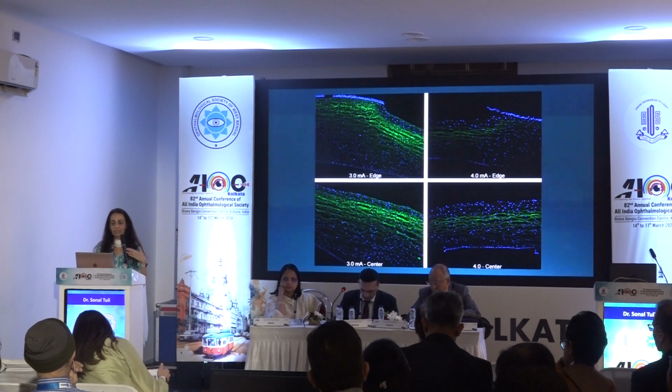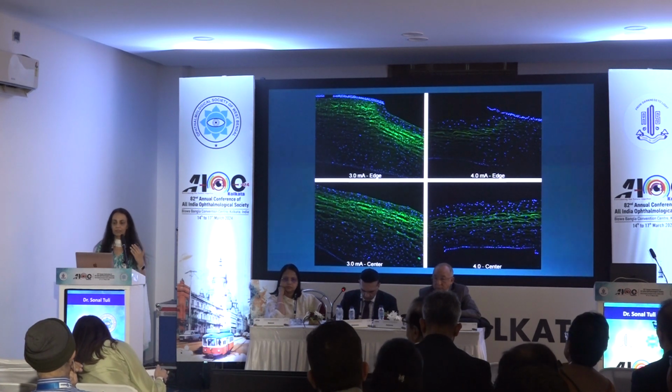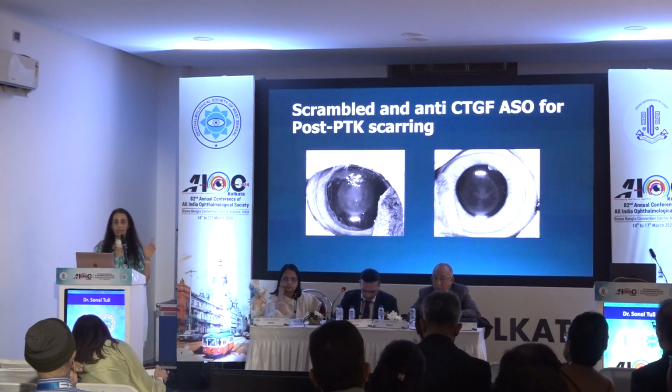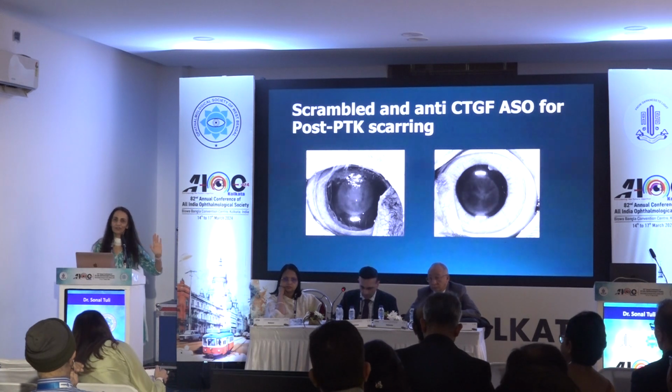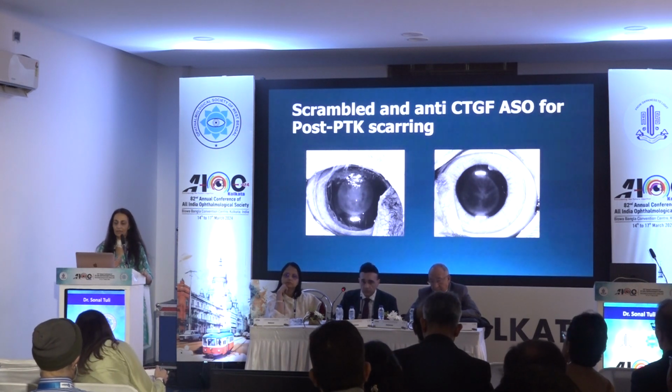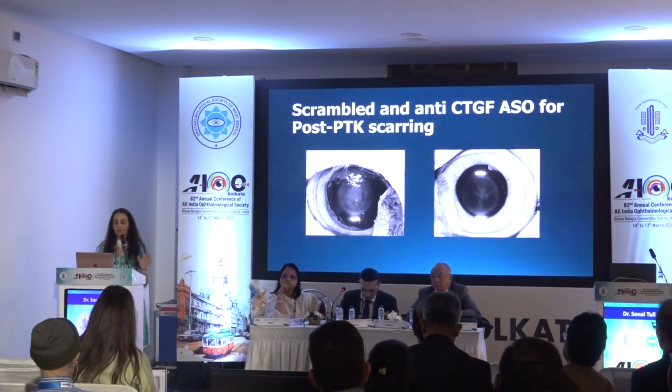Again, we've put this antisense oligonucleotide into the cornea, and it heals up. You can see on the left side a rabbit that got just an oligonucleotide to something completely unrelated, and on the right side, they got it to anti-CTGF. So it was targeting the CTGF, the connective tissue growth factor.